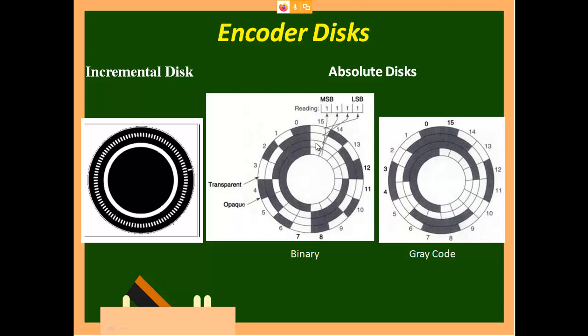Now you can see all 4 are white, then 3 are white, and they are changing it: here it is 1111, 1110, here 1101, here it is 1100, 1011, 1001. So they are trying to generate a direct binary, so I can directly give it to some controllers. That is not possible here, with only one slot, one light source and one receiver.